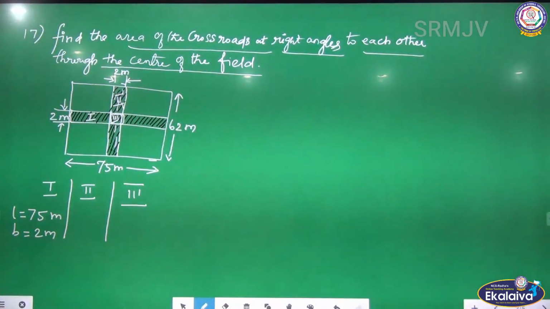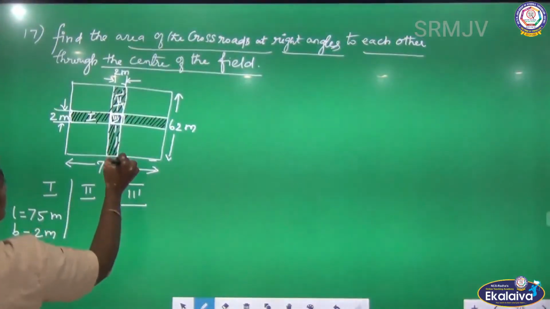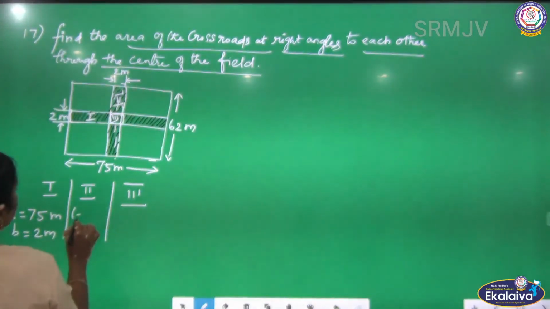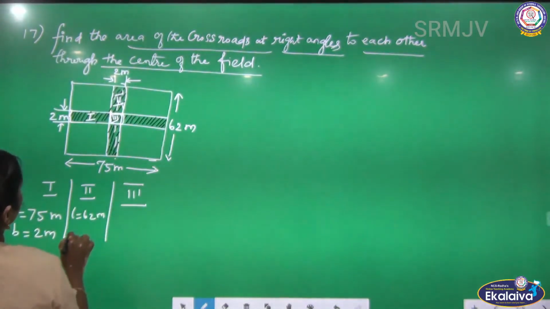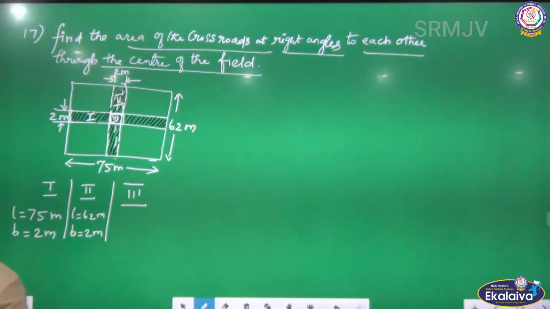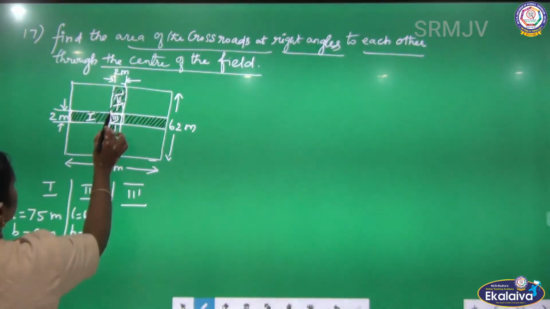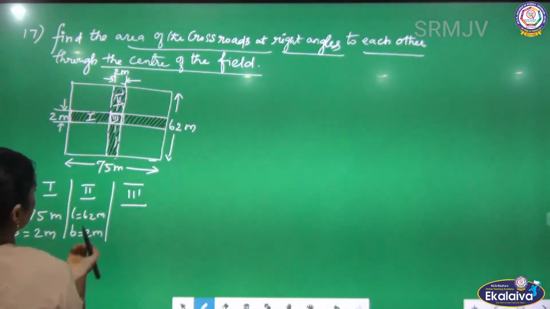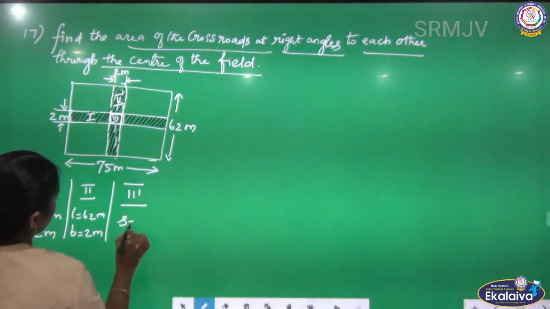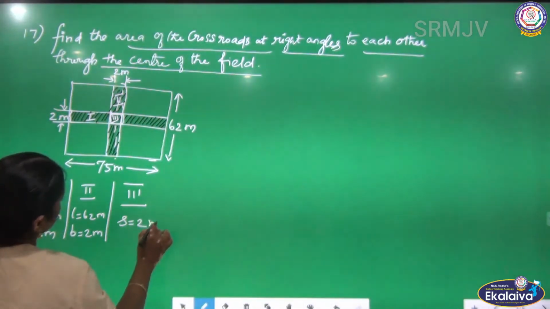Got it? Now I will move on to rectangle 2. The length of the rectangle is 62 meter, and the breadth is 2 meter. Now the third one: this part is 2 and this part is 2, so I can write side is equal to 2 meter.